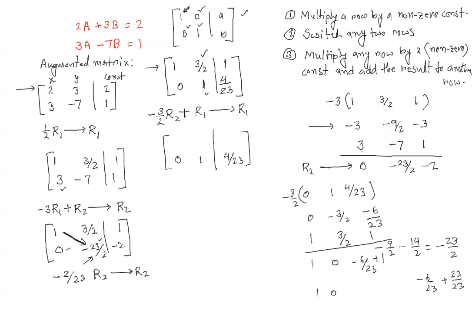That's going to give you 17/23. So your first row becomes 1, 0, 17/23. Okay, now we are done. Because look, this is my X column, this is my Y column, and this is my constant column, right?